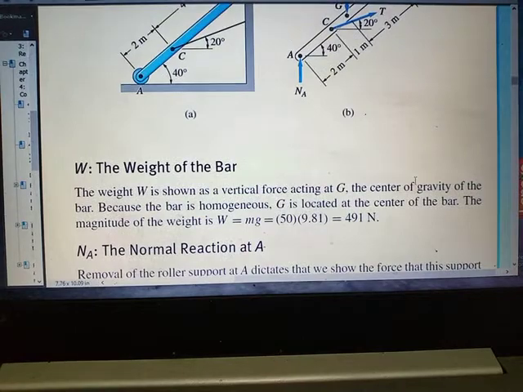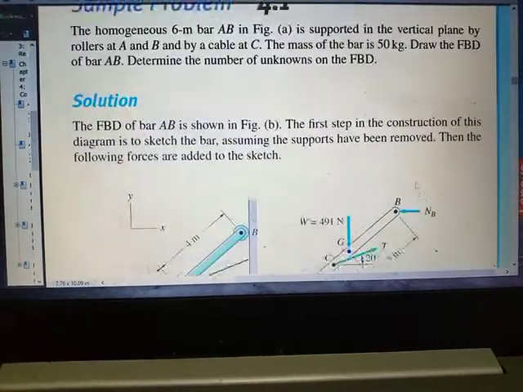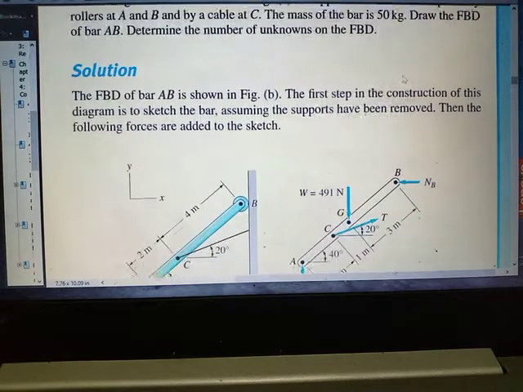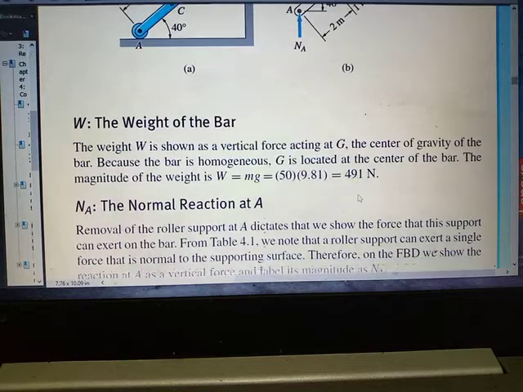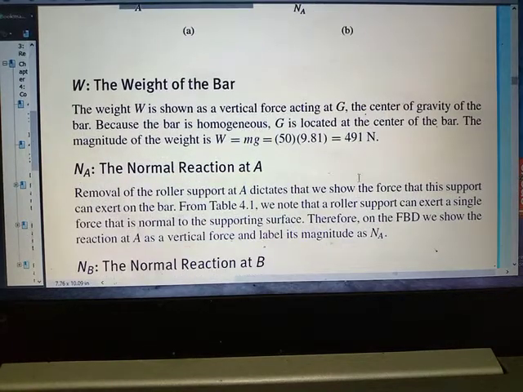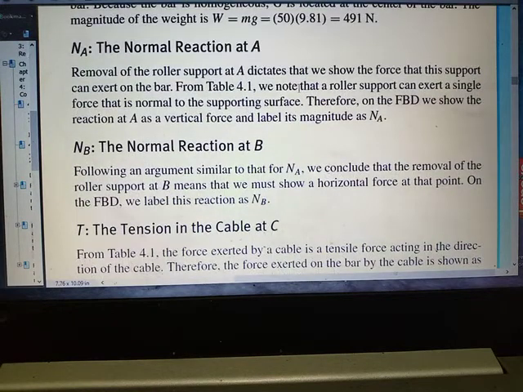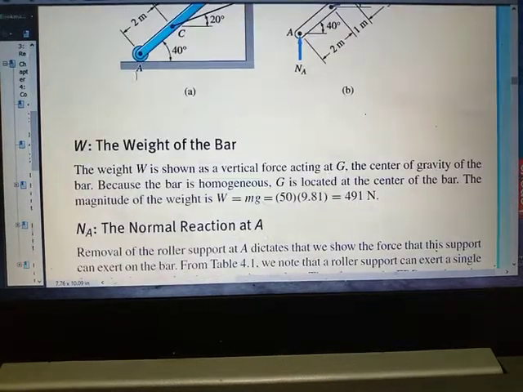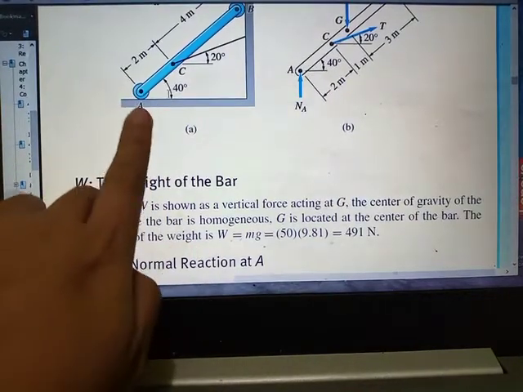Okay? So, yung weight of the bar, sinabi naman dito na 50 kilograms siya. So, 50 kilograms times 9.81 is 491 Newton or 490.5 Newton. Okay? So, NA ay normal reaction A kasi yun na nga, perpendicular. So, ito yung surface, perpendicular dapat.